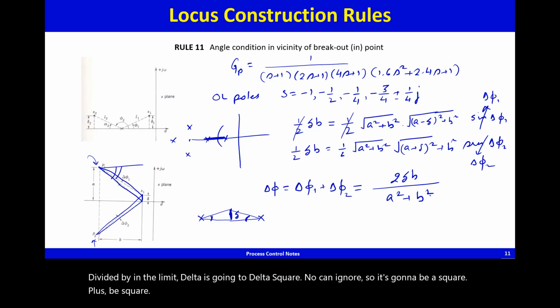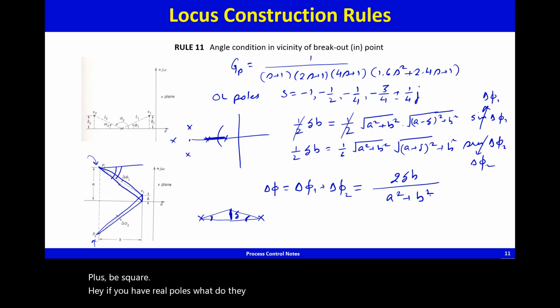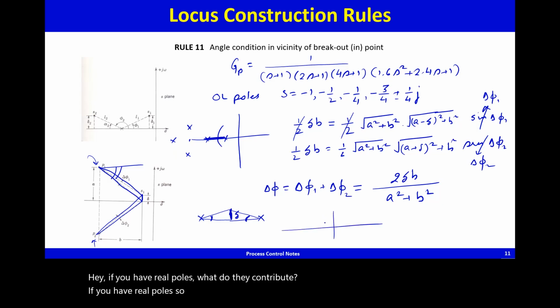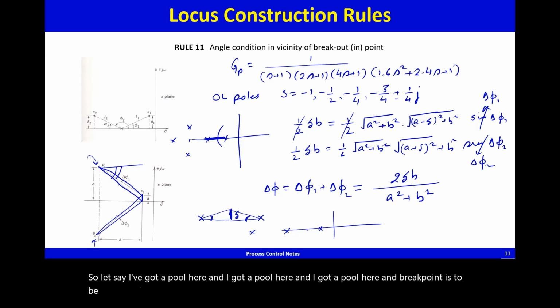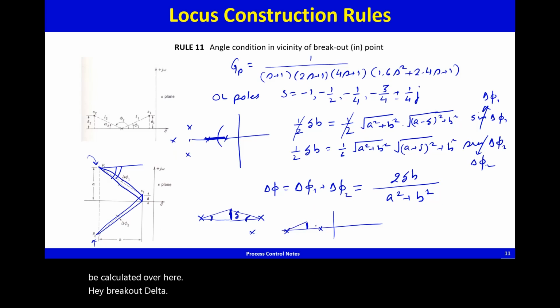If you have real poles, what do they contribute? Let's say I've got a pole here, a pole here, and a pole here, and the breakpoint is to be calculated over here. As I break out by delta, the angle contribution by this pole has increased. If delta is small, tan theta is equal to sine theta is equal to theta.